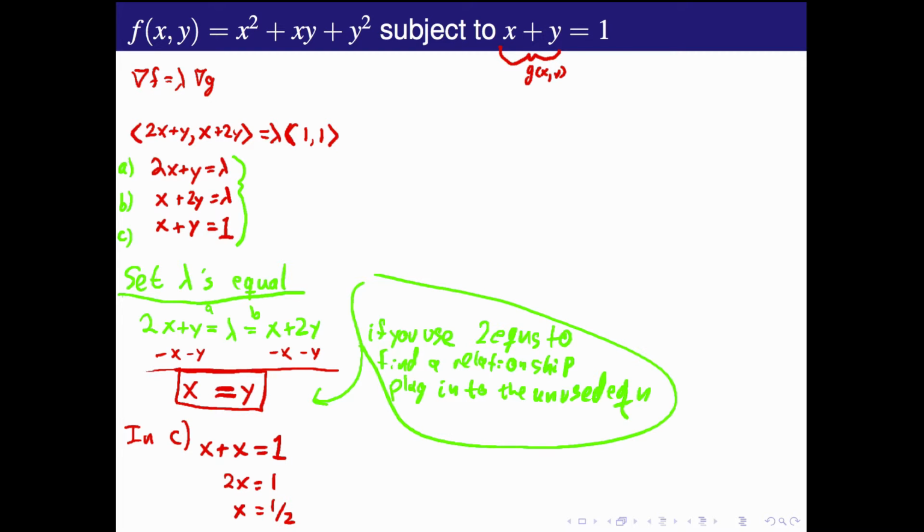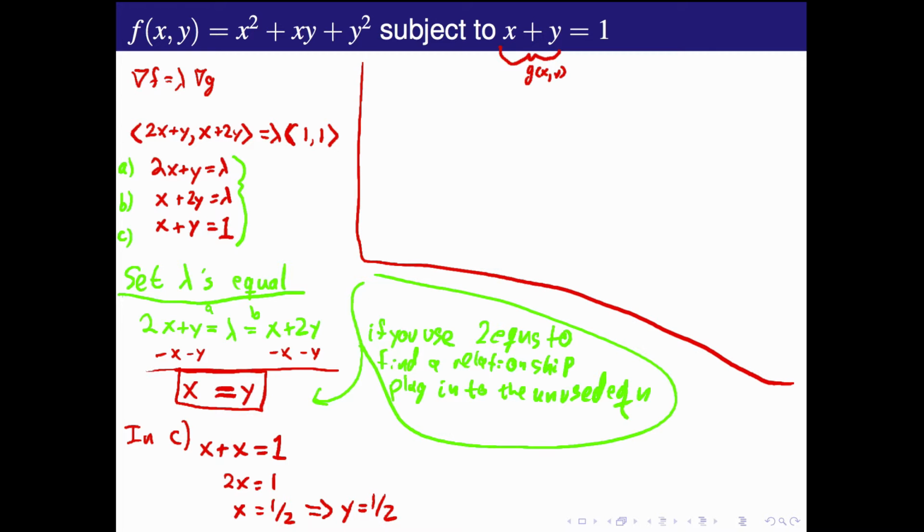We had the relationship that x equals y, so if x is equal to 1/2, that implies that y is also equal to 1/2. So the only point that we can consider is the point with coordinates (1/2, 1/2). Let's go ahead and plug this into the function, even though we can see that there's already going to be a little bit of a problem.